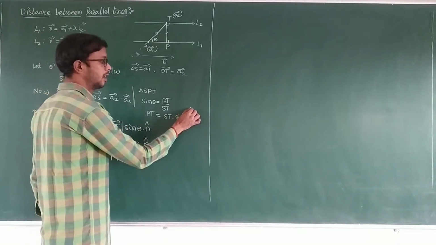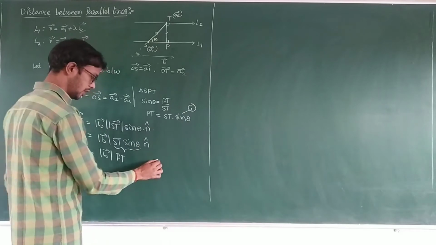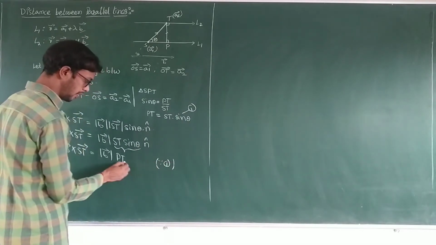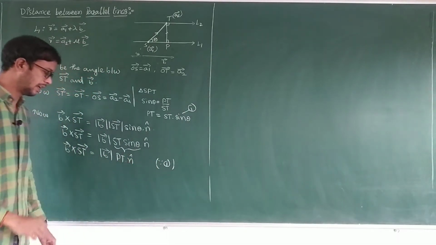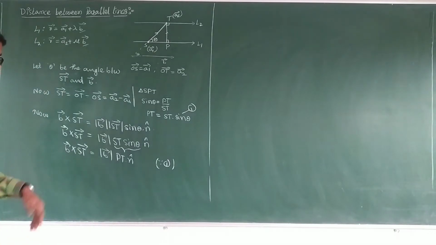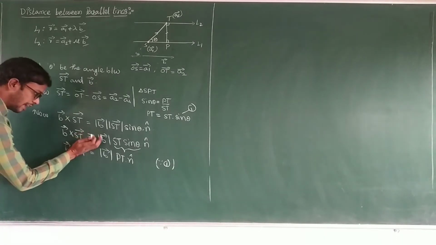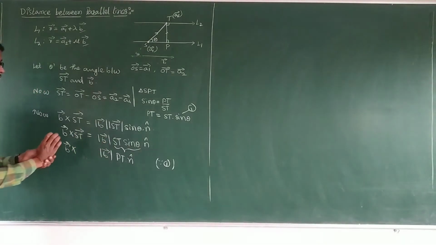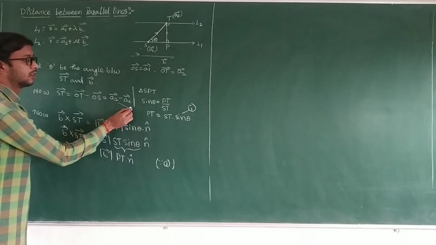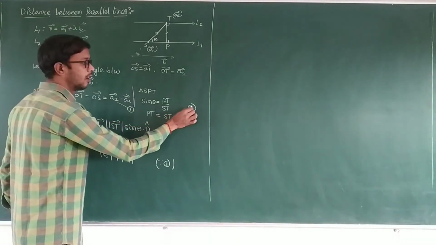Take this as equation 1. Now I will apply the magnitude. Otherwise, I will write ST bar, which is nothing but this one also. Take this as 1.2.